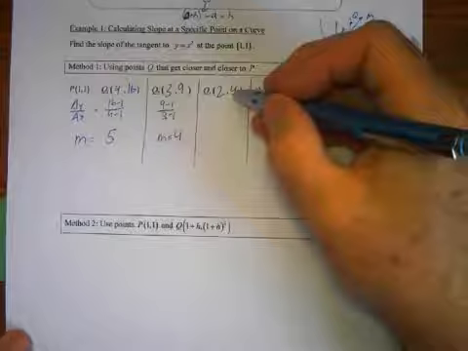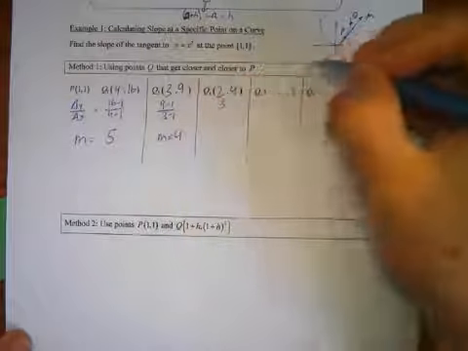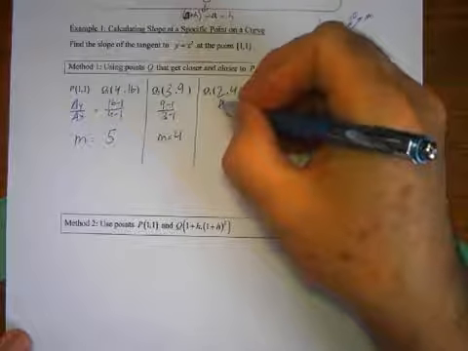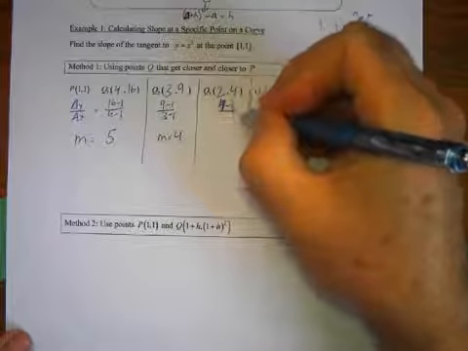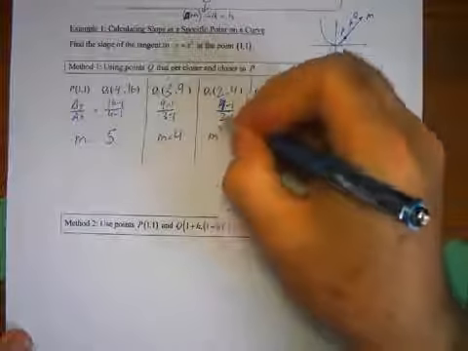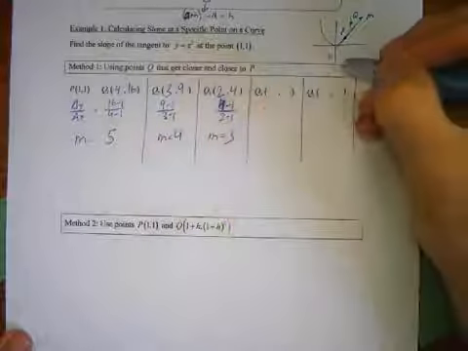My delta y over delta x is 4 minus 1 over 2 minus 1. So this time it's 3 over 1, which is 3. You can see gradually my slope is decreasing.